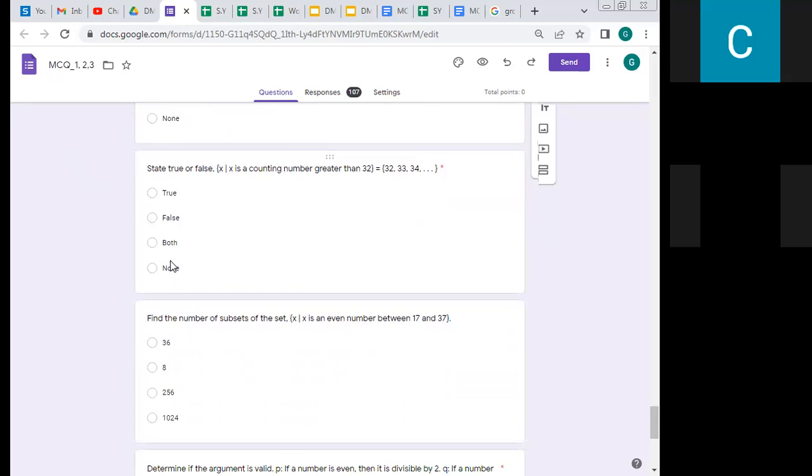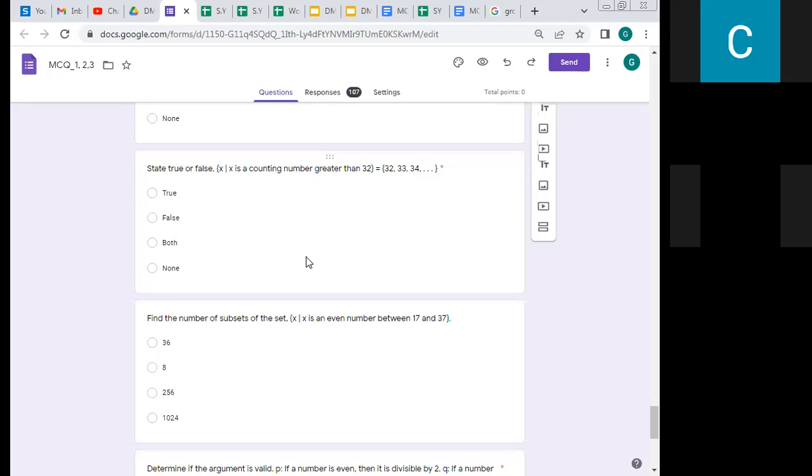Next is state true or false. X is a counting number greater than 32. Tell me about this. Is it true? It is false, because a counting number greater than 32 starts from 33, not from 32.